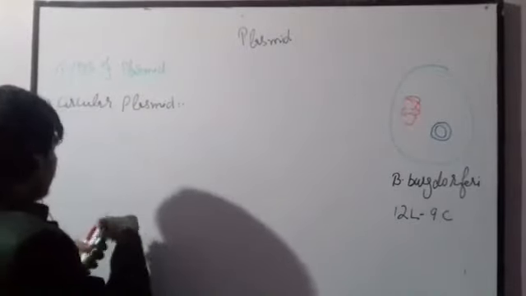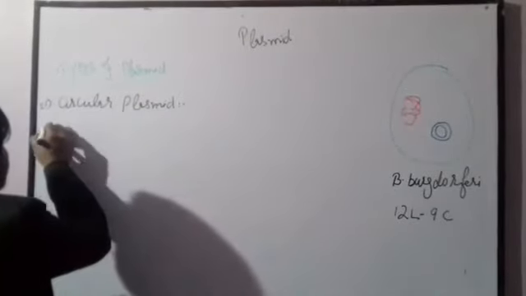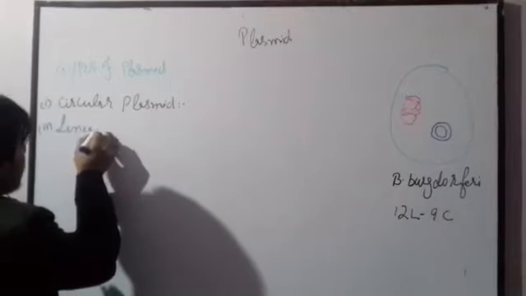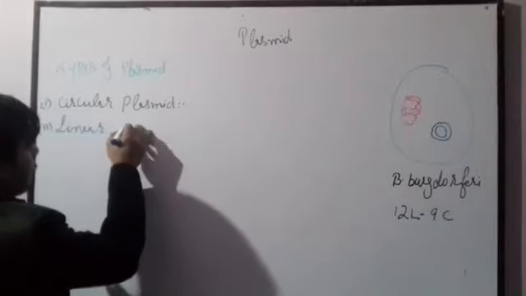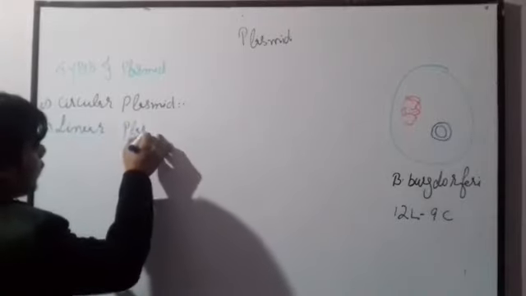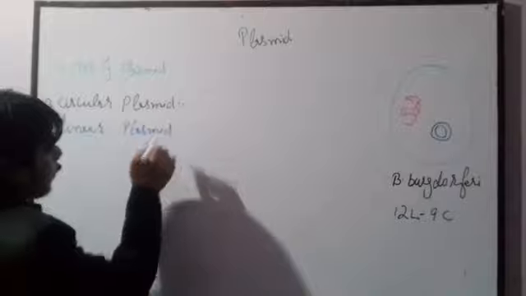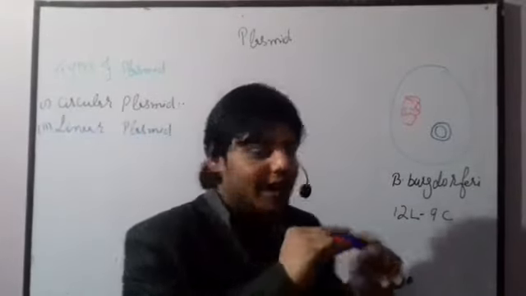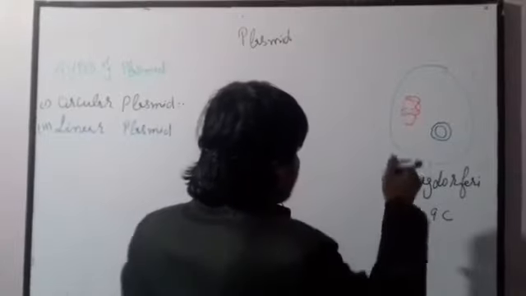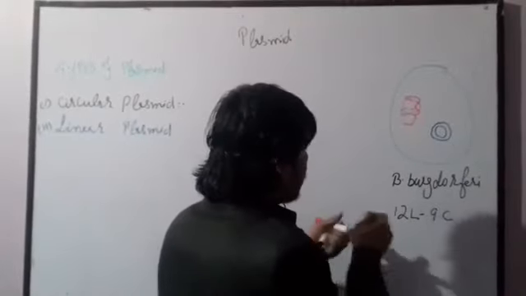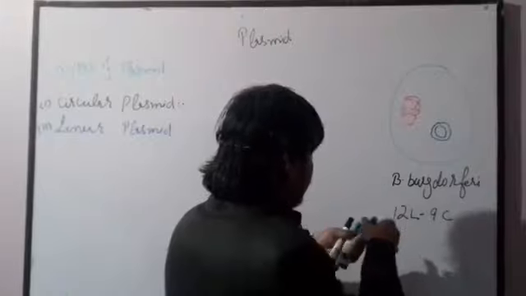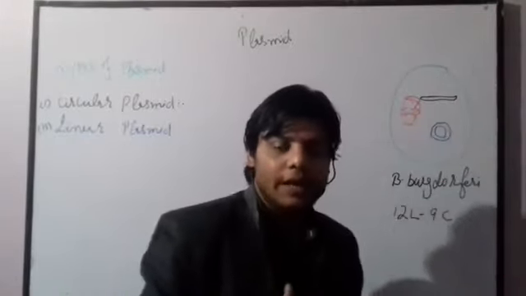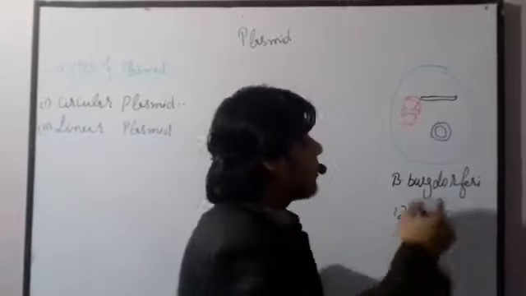The second is the linear plasmid. Linear plasmids are those plasmids which are in a linear form. For example, let me draw here. This is a linear genome, or we can say this is a linear plasmid.